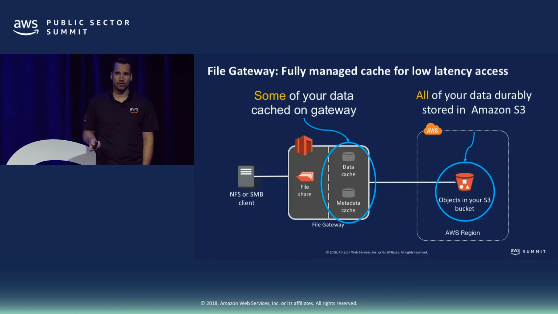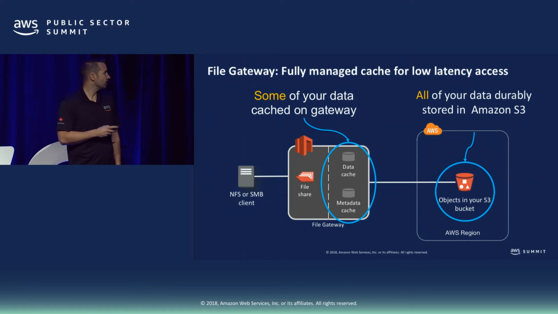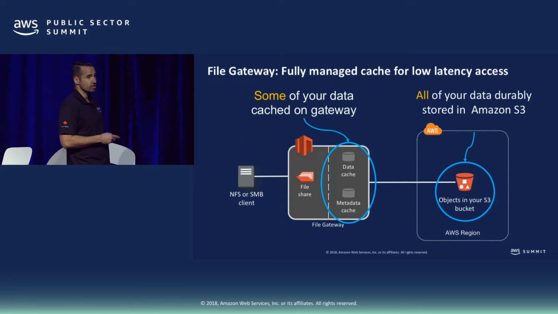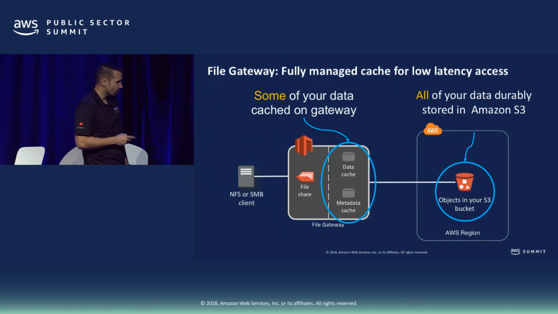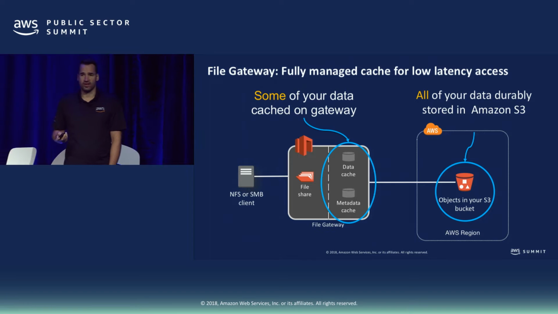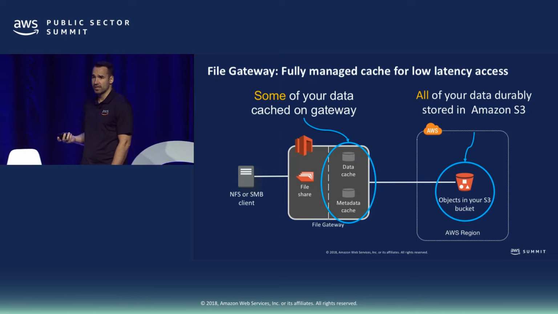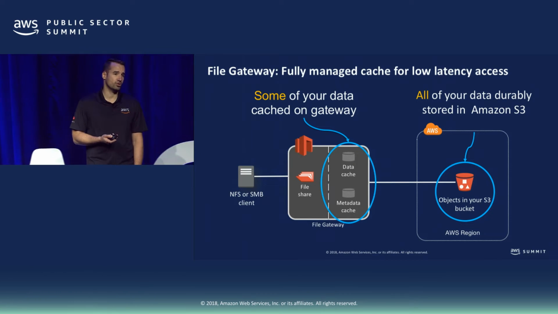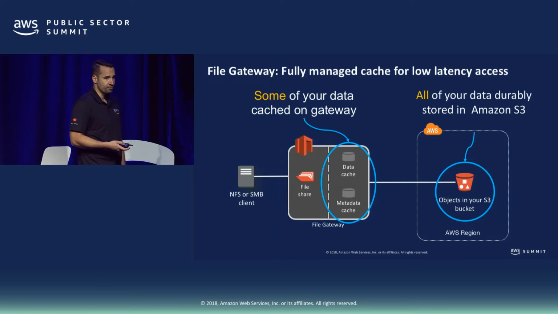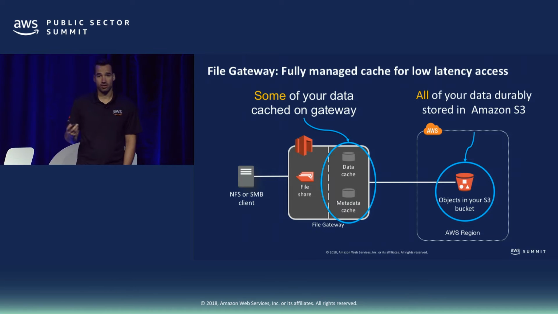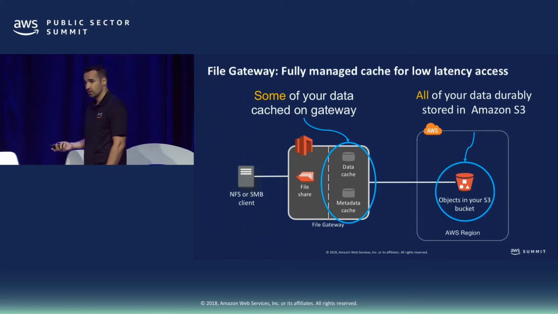There's no need to pre-allocate storage. The only thing you have to have on-prem is storage for cache. The size of that storage can vary, right? It depends on how active your data set is. Obviously, the more cache you have, the more data you're keeping on-prem, the faster the access is if you're accessing that data.